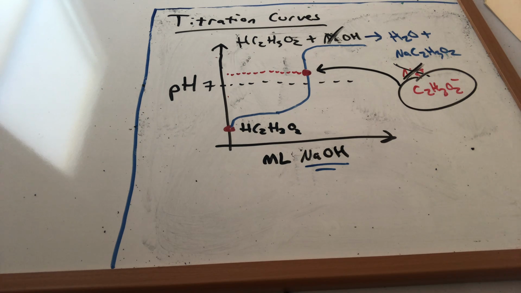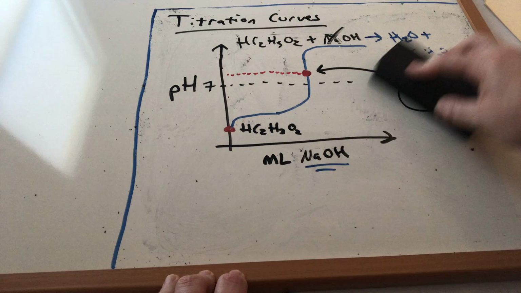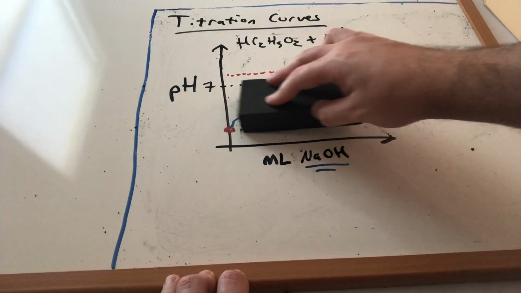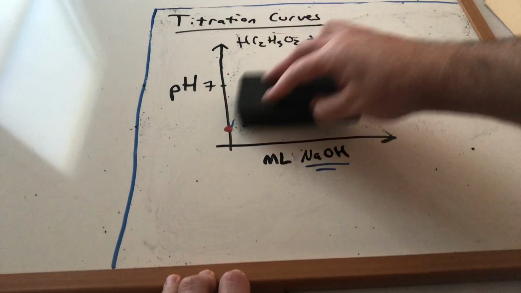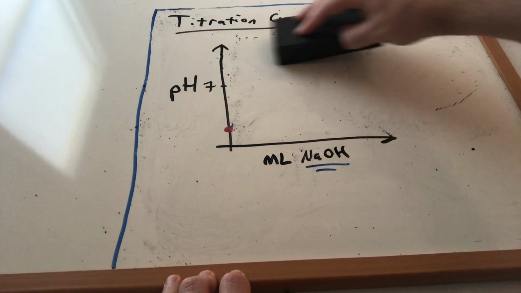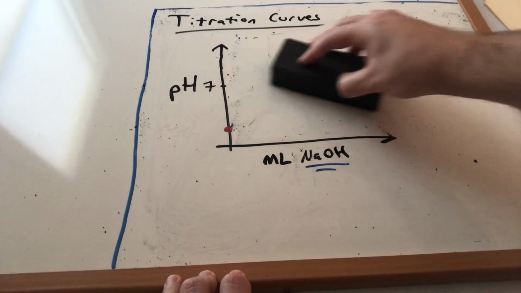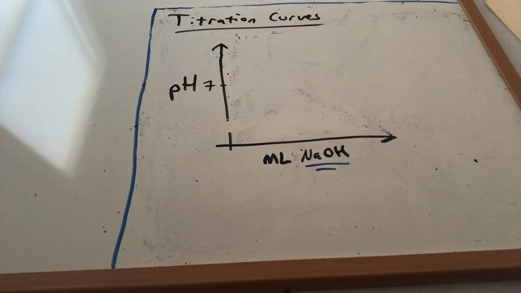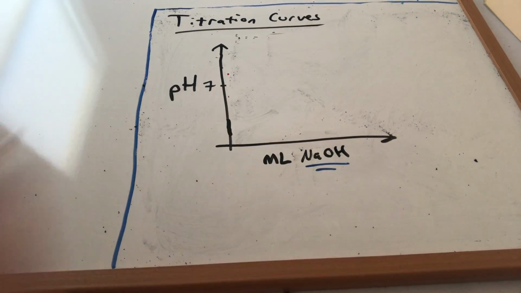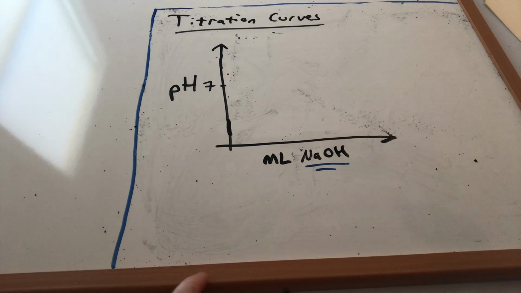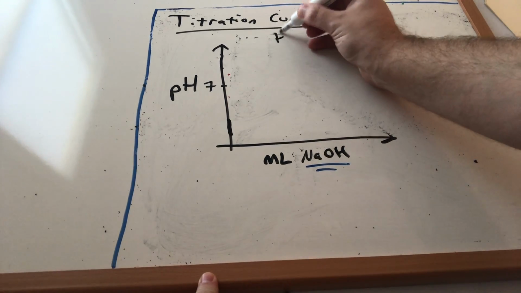I'm going to go over real quickly what you would see for a polyprotic situation. I'm just going to do a general one, and then I'm going to explain again one more time, just to reinforce, how you would look at this from the standpoint of what this curve looks like.